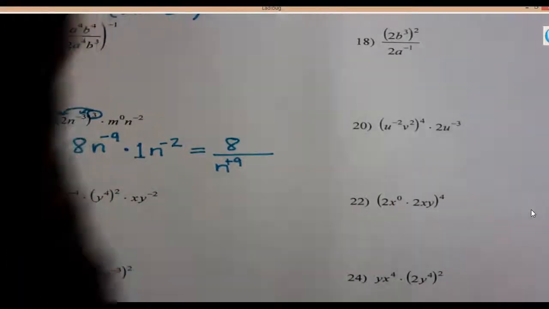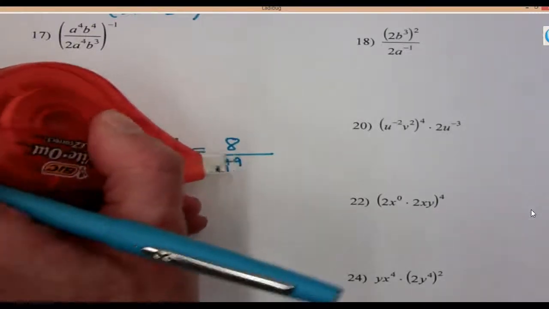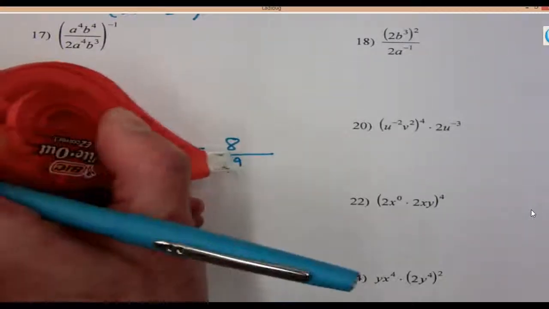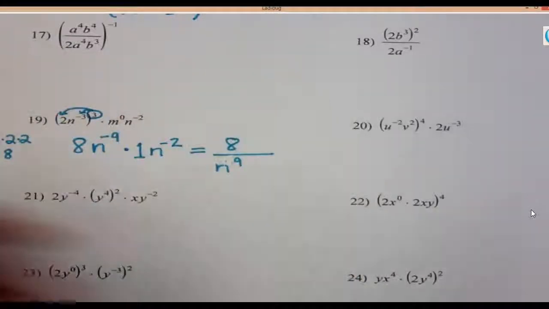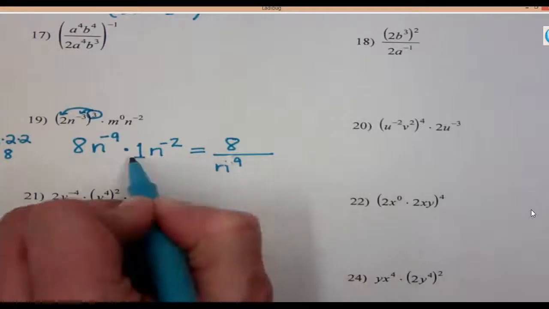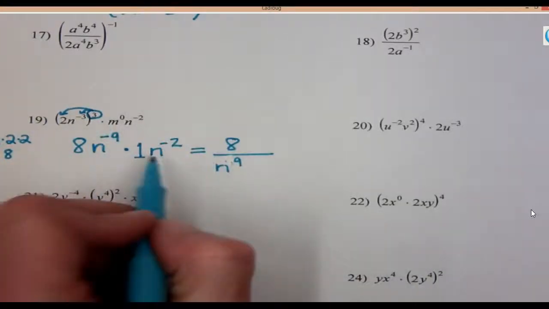I'm going to erase that because I don't like that. But that is what changes when you flip it. It's like, oh good, I'm right where I need to be. I'm back where I should be. Then the 1, I can multiply that by 1. I don't have to do that because we know anything multiplied by 1 is just going to be whatever it is.